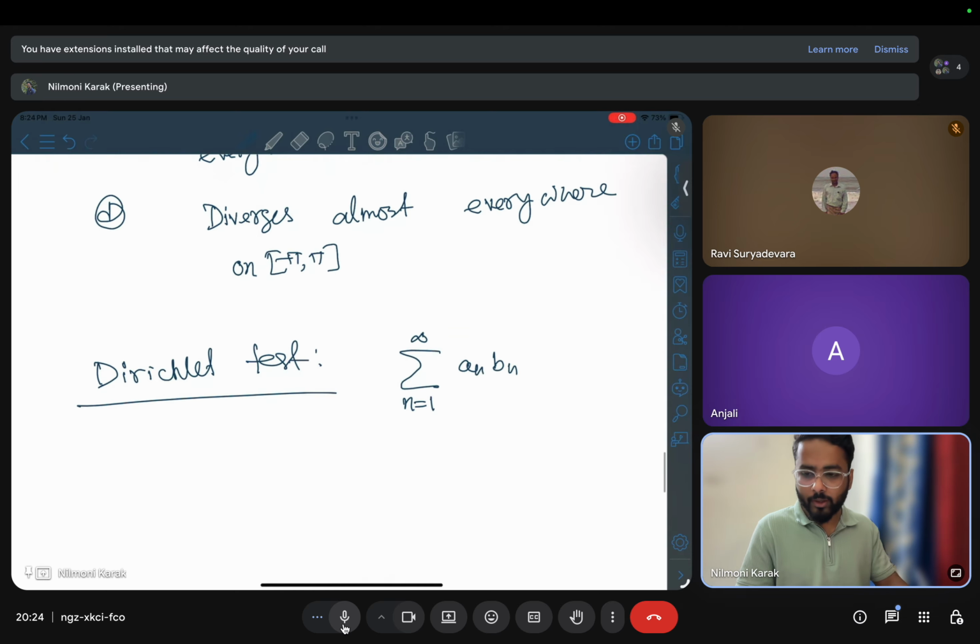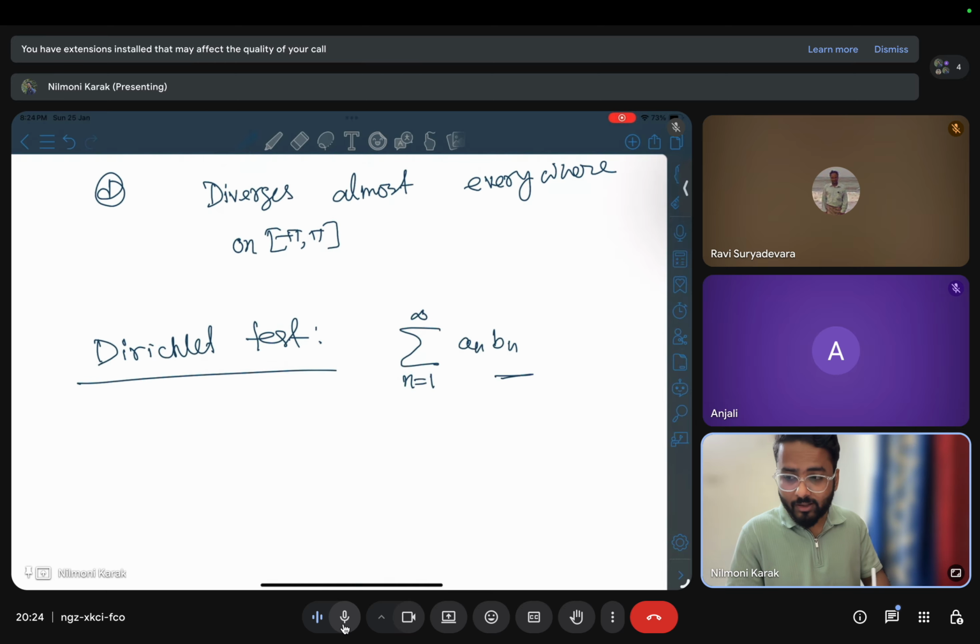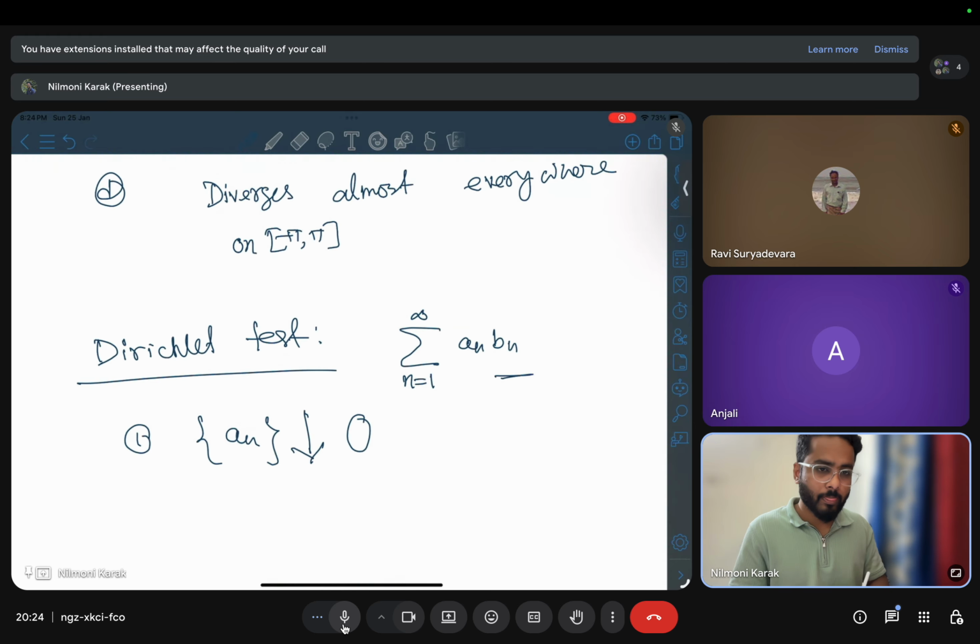So when is this series convergent? There are some sufficient conditions. Point 1: a_n is monotonically decreasing and goes to 0.